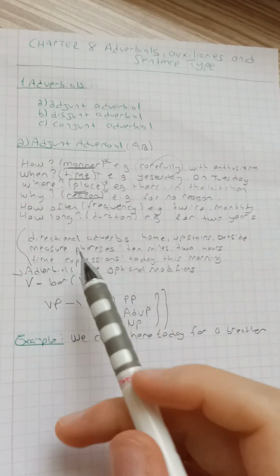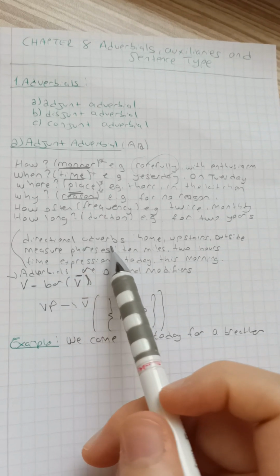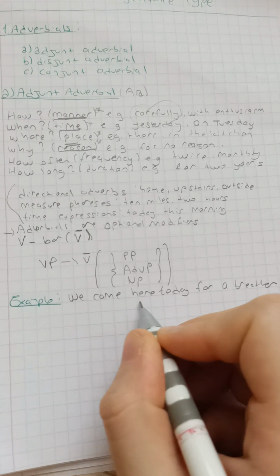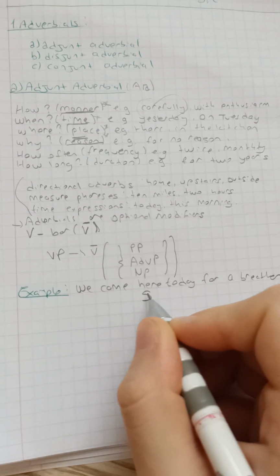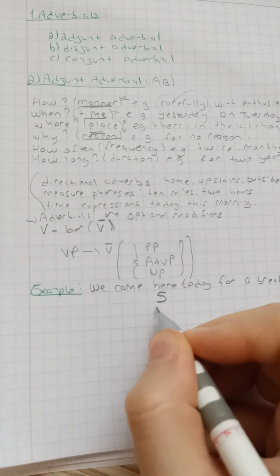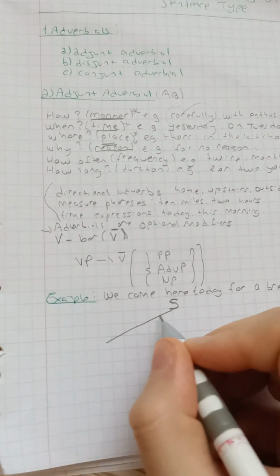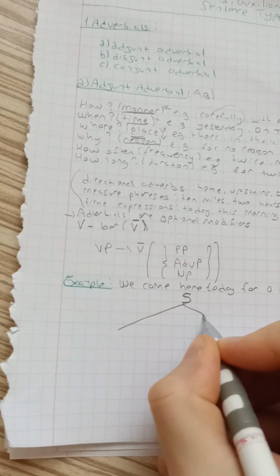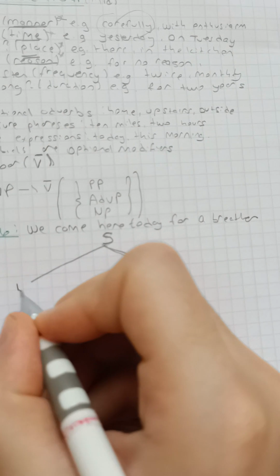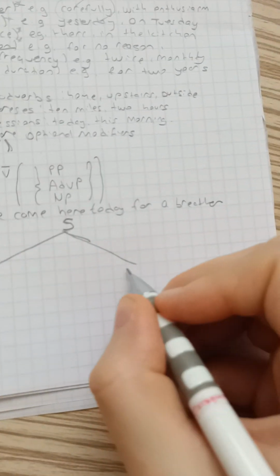And the sentence above would have the following diagram. Let's draw the diagram of this sentence. First, this is a sentence, so I write it down as S, and I'm going to break it into two parts: noun phrase and verb phrase.